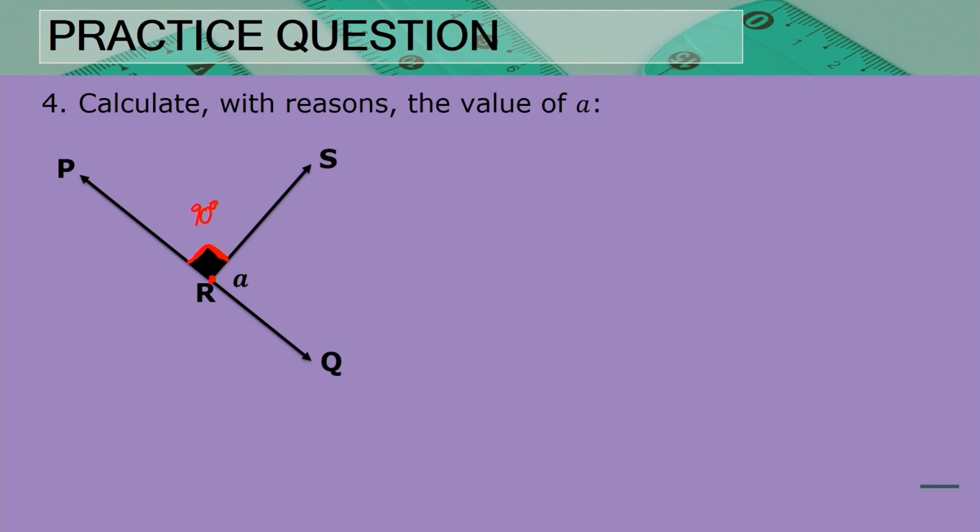So what does this mean? It means that that A plus that 90 degrees, they are going to add up to 180 degrees. And the reason why we say this is that angles on a straight line, we know that these angles on a straight line, they add up to 180 degrees, or they are supplementary.